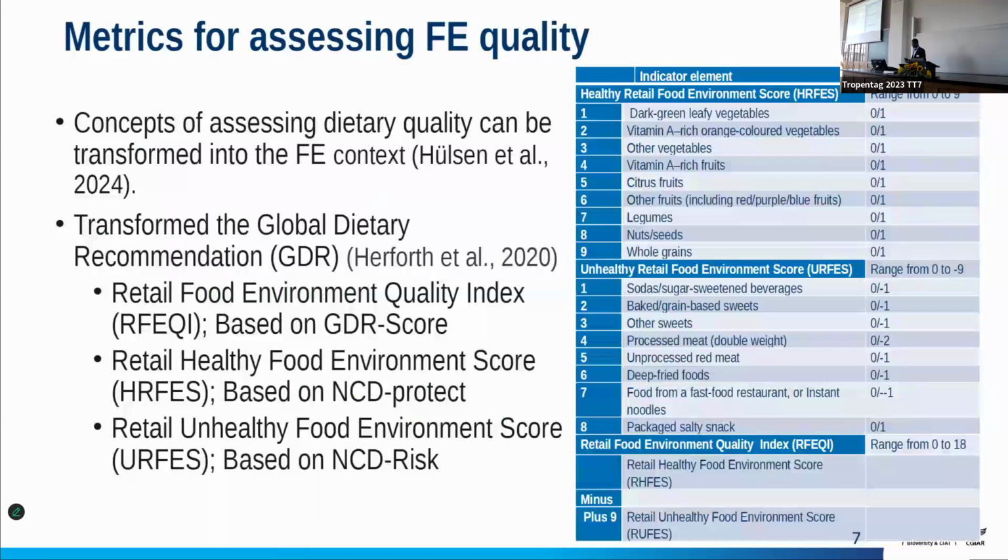Now, regarding the metrics, I have highlighted 3 indices. One, GDR, which measures the overall diet quality, but in this case is translated to measure the food environment. Then NCD Protect, which in this case has been translated to represent the retail healthy food environment score, which measures availability of healthy food groups, and then NCD Risk, which in this case has been translated to the retail unhealthy food environment score, which measures the availability of unhealthy food groups.